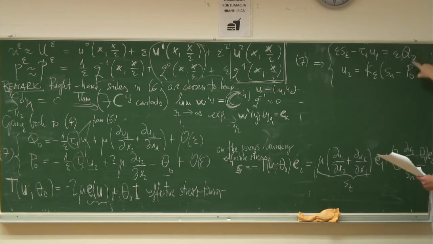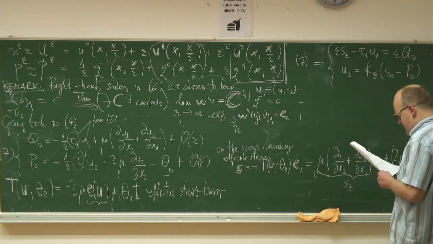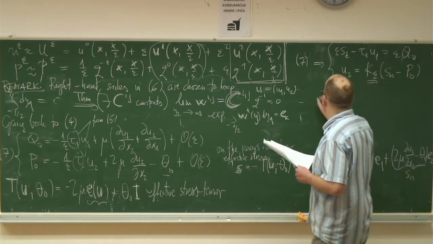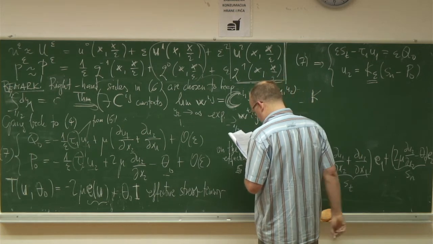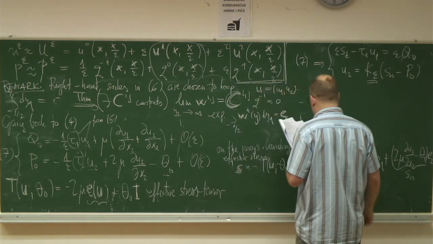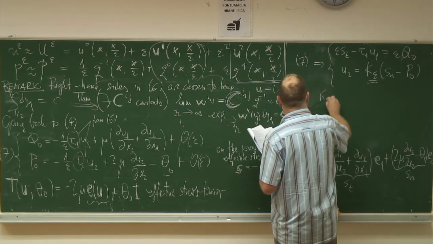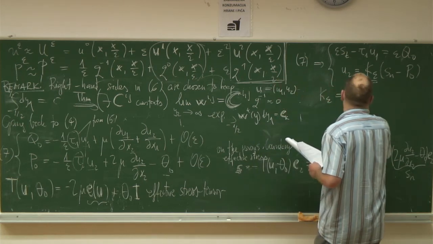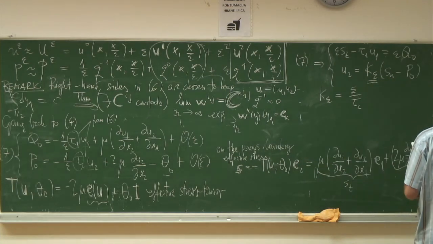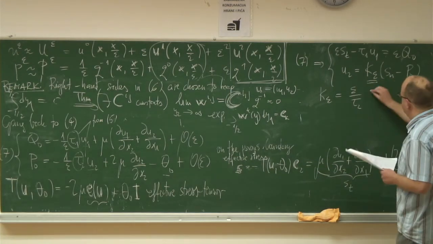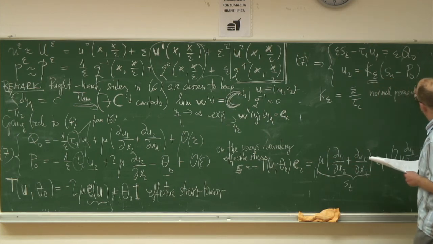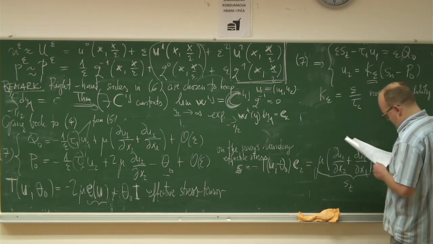These are the components of the exterior conditions, while this K epsilon is given like this, and it can be interpreted as the normal permeability of the boundary.